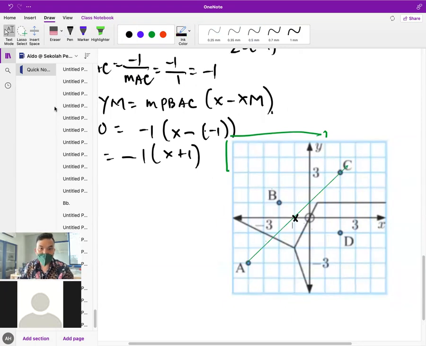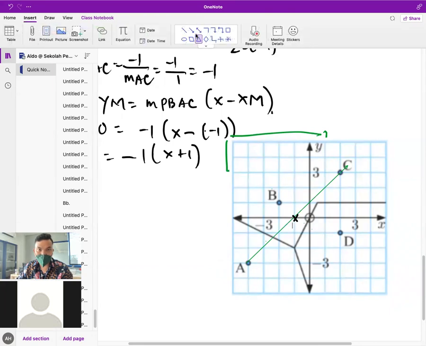Therefore, the perpendicular bisector or the edge for that one is actually here, around here.